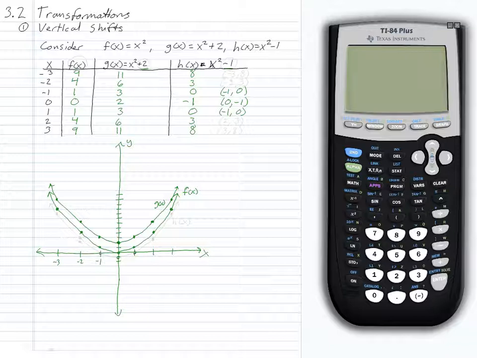So those will be our x-intercepts. We also have the points 2, 3, and negative 2, 3. That should actually be up a little further. We have the points 3, 8, and negative 3, 8.